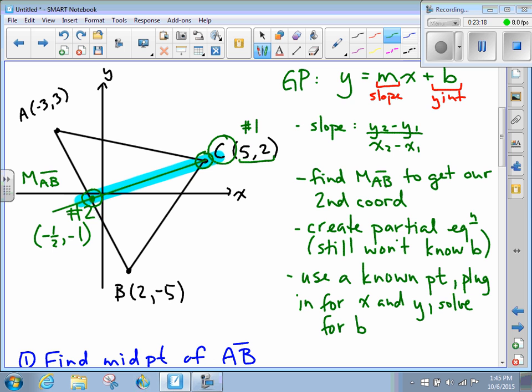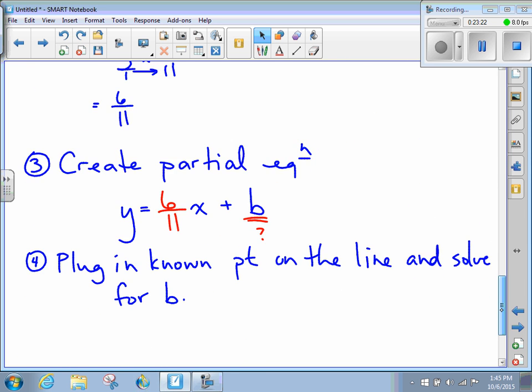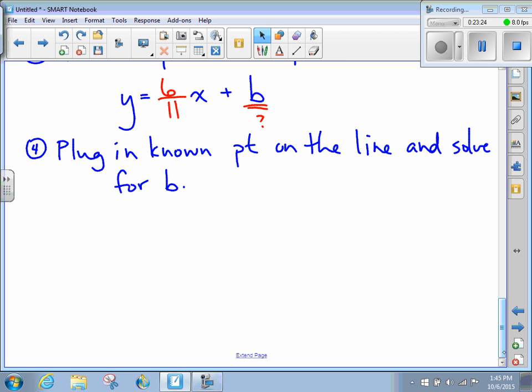Because the 5, 2 are whole numbers, I'm going to use that. Why would I plug in negative fractions if I don't have to? Okay, you always have a choice here. Pick the easiest of the two. So wherever I see a y or an x, I'm going to plug in those values.